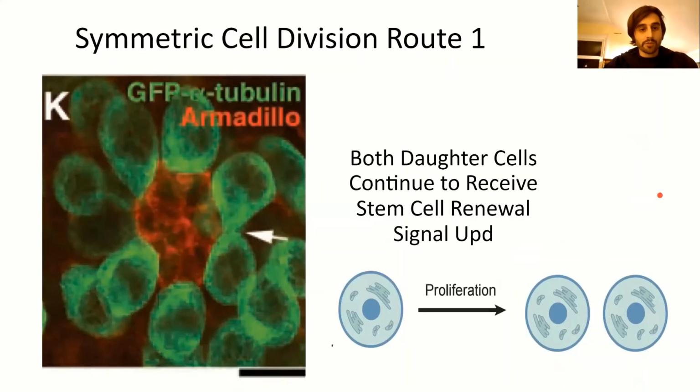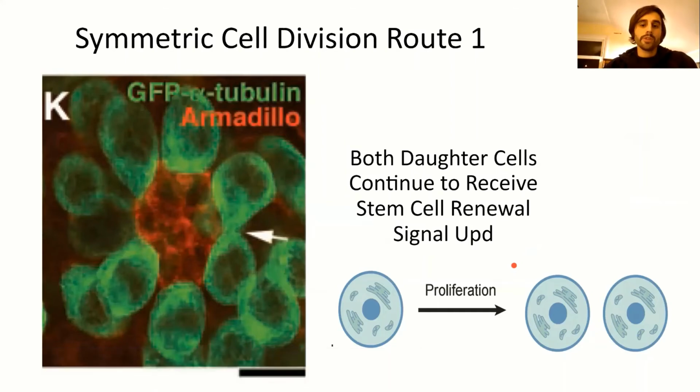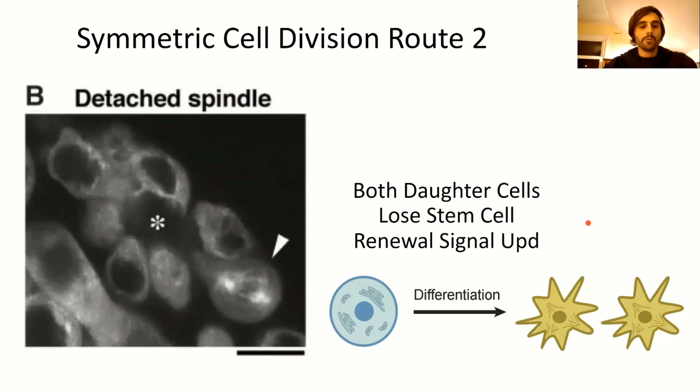Symmetric cell division route 1, as I'll call it, where you have the parallel division, results in both daughter cells remaining within reach of the unpaired stem cell renewal signal, and thus both retain stem cell identity. Route 2 shows the detachment of the germ stem cell from the spindle, in which case both daughter cells lose the renewal signal unpaired and differentiate into gonioblasts.